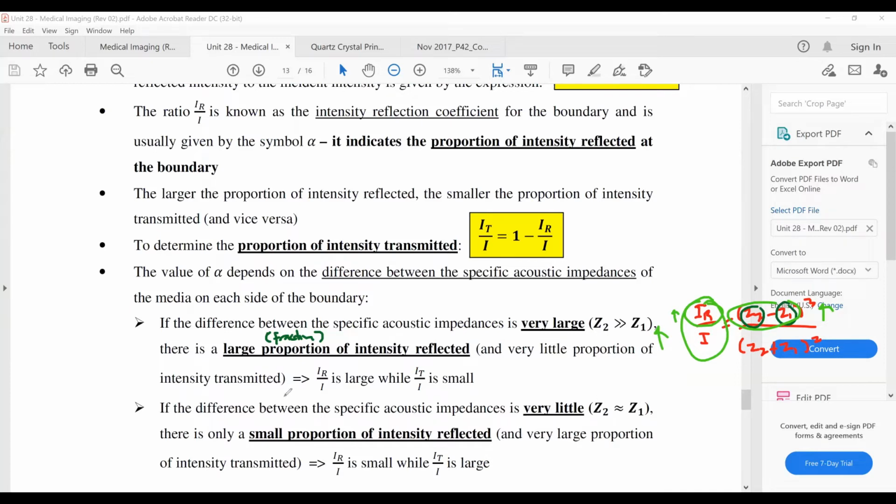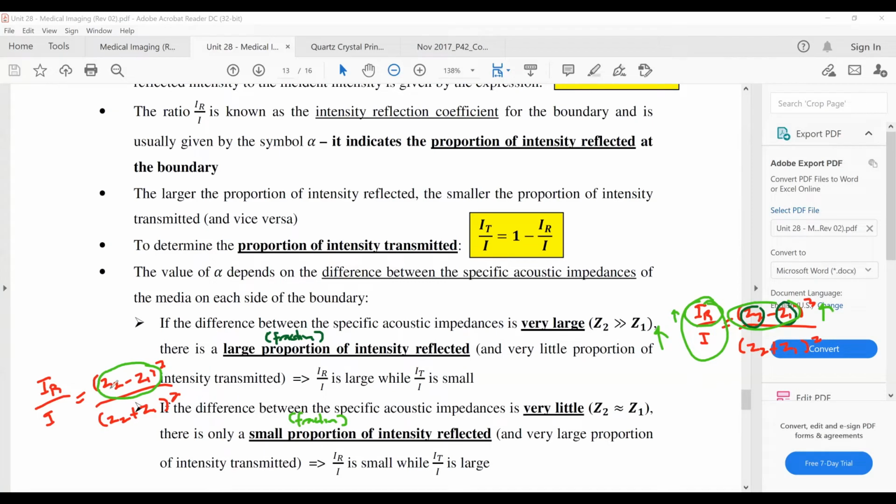Okay. If on the other hand, your specific acoustic impedances have very little difference between them, meaning both of them are similar to each other, you will have a small fraction of intensity reflected. Because you can again see from here, if I_R over I equals (Z2 minus Z1) squared over (Z2 plus Z1) squared, and the difference between them is very little, where this and this are almost similar, Z2 minus Z1 gives you the difference.